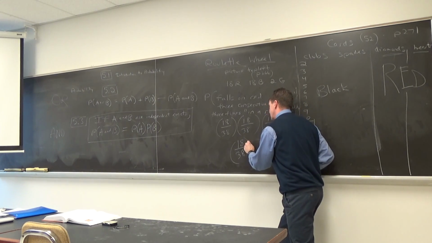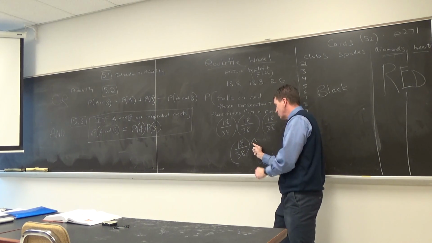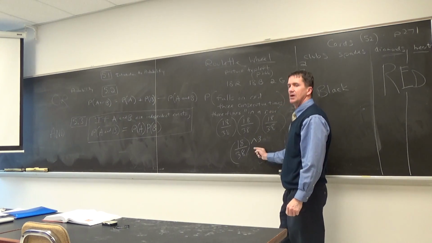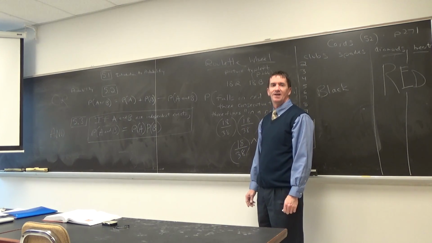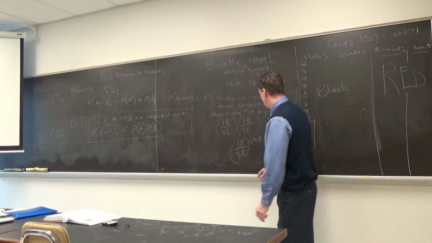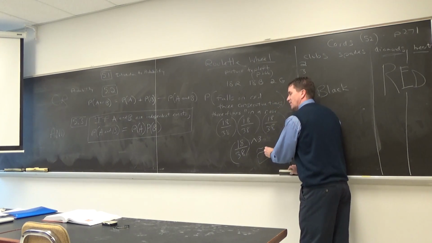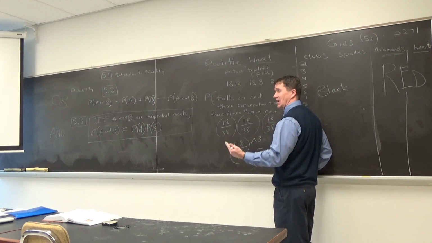So how do you get this raised to the third on your calculator? There's a caret button. It means it'll raise it to the third power. 18 over 38 to the third. So I'm curious, what comes up? 11%. So I'm going to squiggle, because in this case the numerator and denominator get so big.